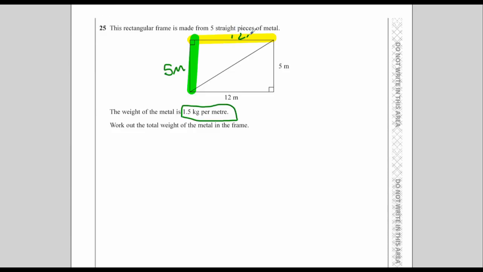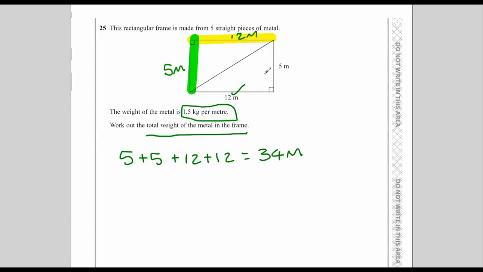So, let's add up those so far. 5 add 5 is 10. And 12 add 12 is 24. So put them together, you get 34.